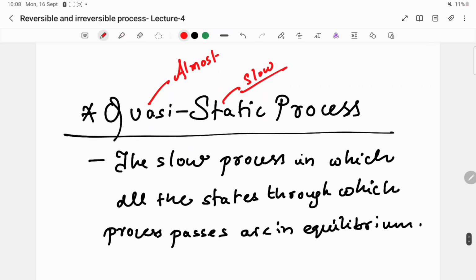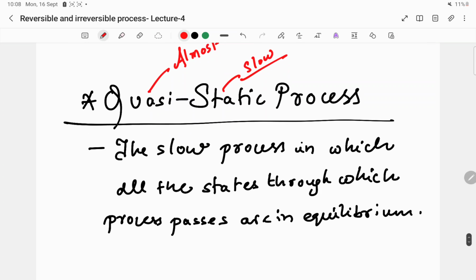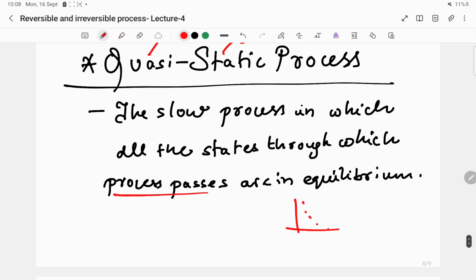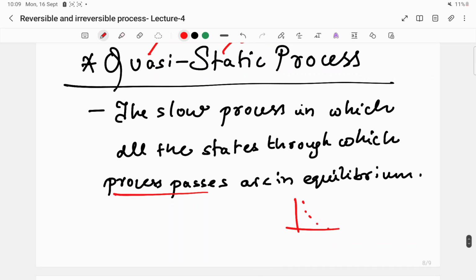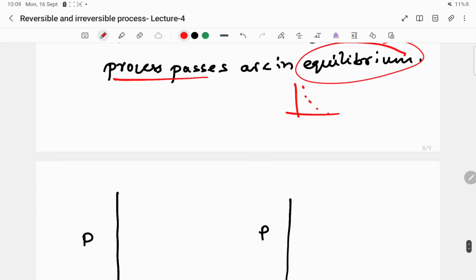The slow process in which all the states through which the process passes, you remember in the PV diagram, all those processes are happening at a very slow rate, and each of them is in equilibrium. Okay, so an almost slow process is called a quasi-static process, and all those states involved in that process are in thermodynamic equilibrium.